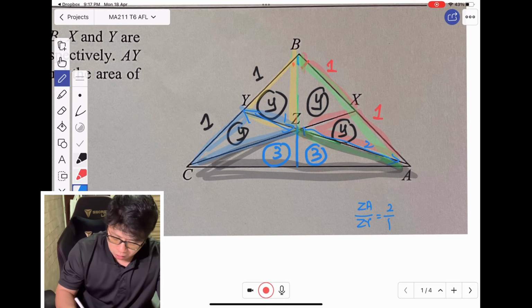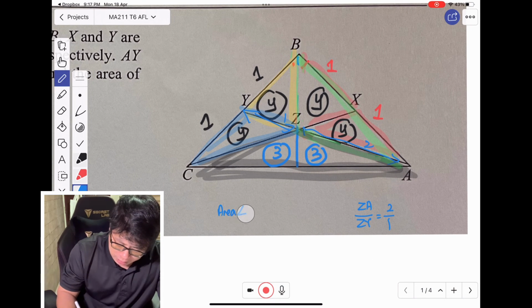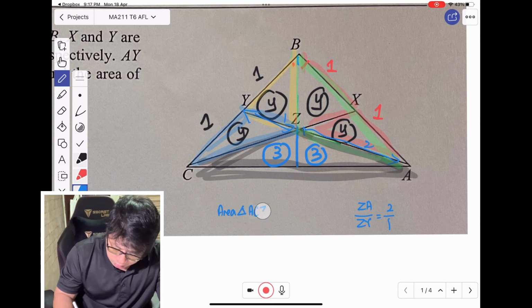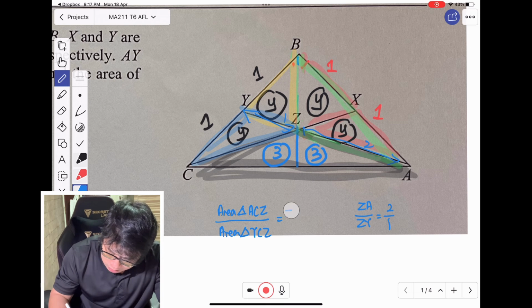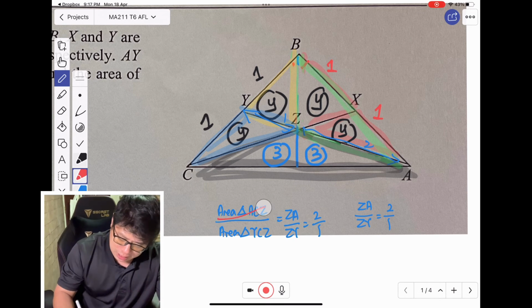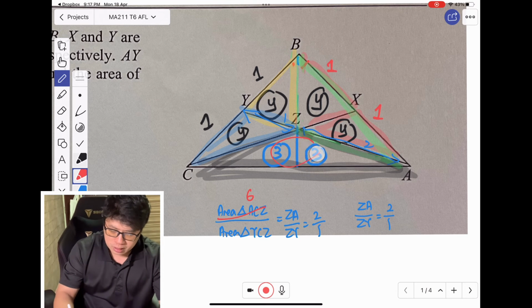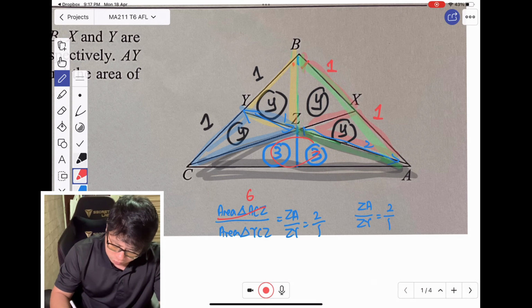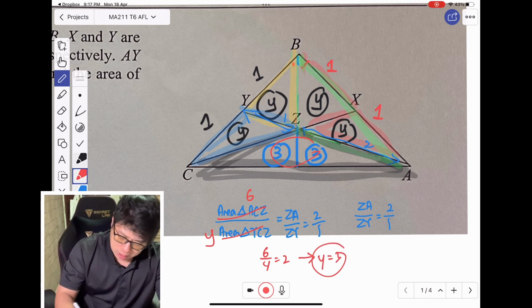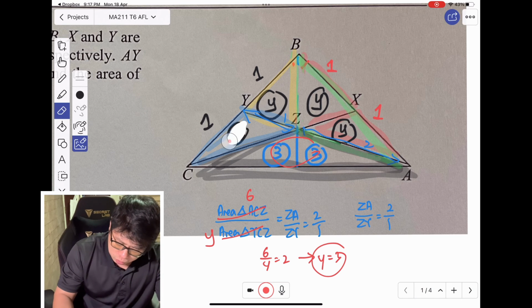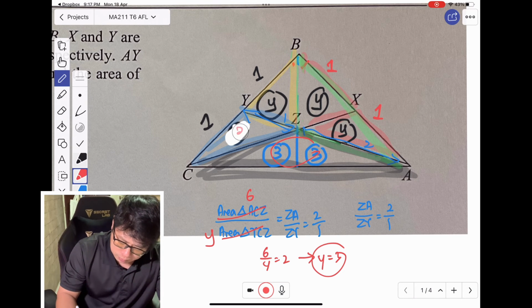The area of triangle ACZ over the area of triangle YCZ is also the same as ZA over ZY, which is 2/1. We know that ACZ represents 6 units, so this is Y, and it tells me that 6 over Y is 2, which implies that Y is equal to 3. So as of now, you know that my Y is 3.